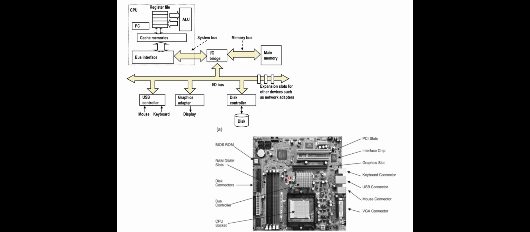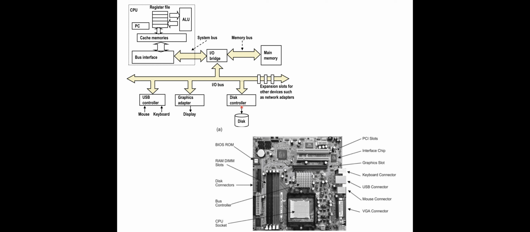Here is a photo of a small motherboard. Right here is where that CPU would be placed on the motherboard. This part, you see, it's pointing to something called a bus controller. That's this area here, all these different ways of controlling the data.